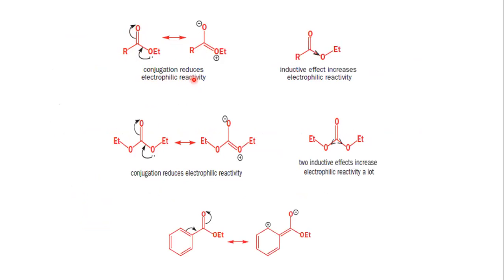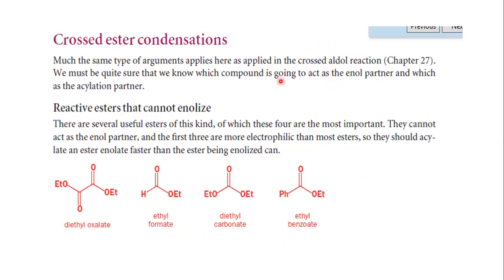This reduces the reactivity, but in the same structure itself, the OEt, which is the ethoxy group, also has a negative inductive effect, which is minus I, which increases the electrophilic reactivity. So on the net effect, the inductive effect is slightly higher, and you will get your high electrophilic center.